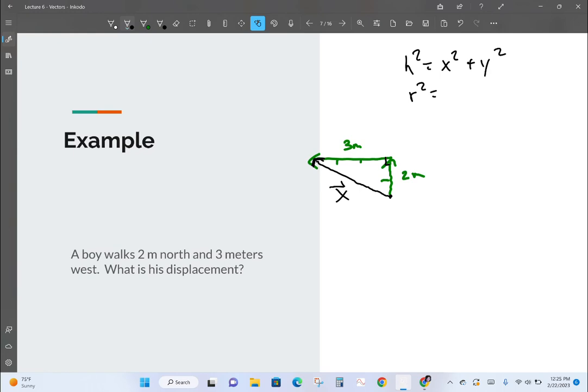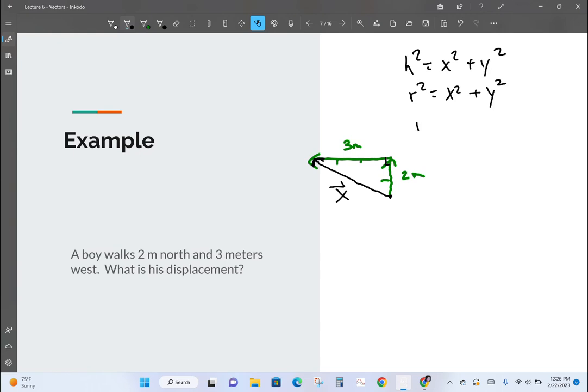R squared equals the x component squared plus the y component squared. So if you walk 2 meters to the north and 3 meters to the west, you end up a certain distance in a certain direction from where you started, and we're finding that distance.